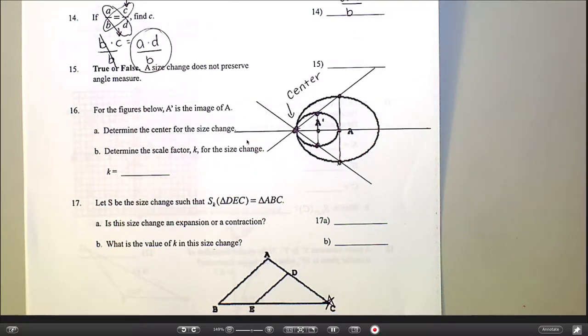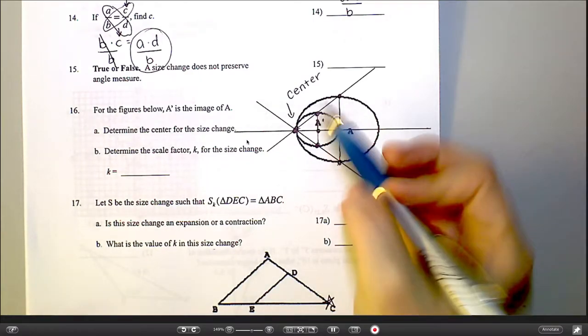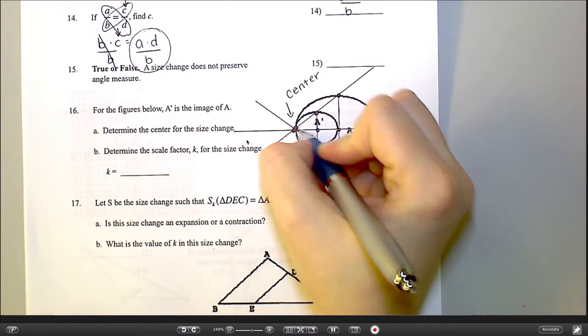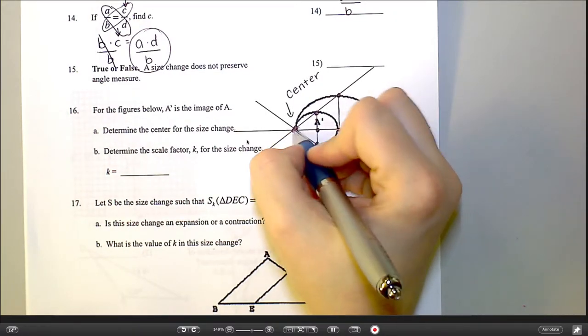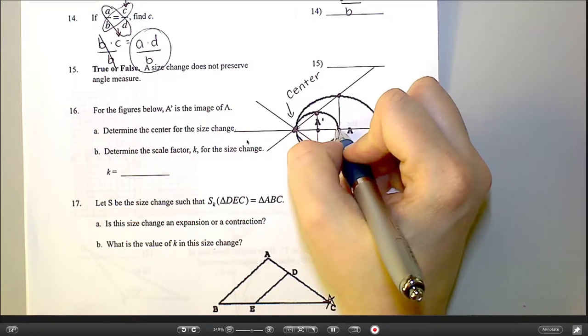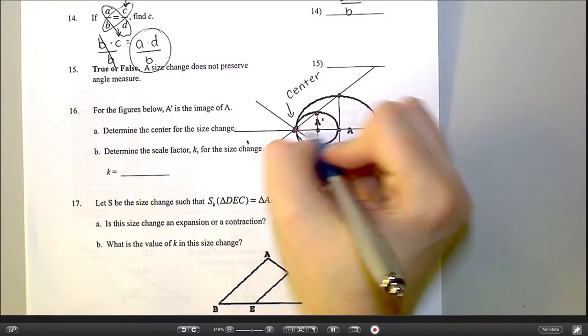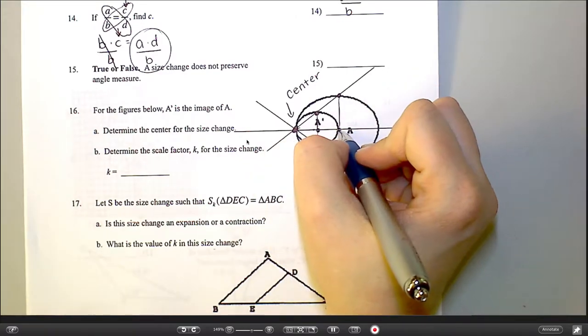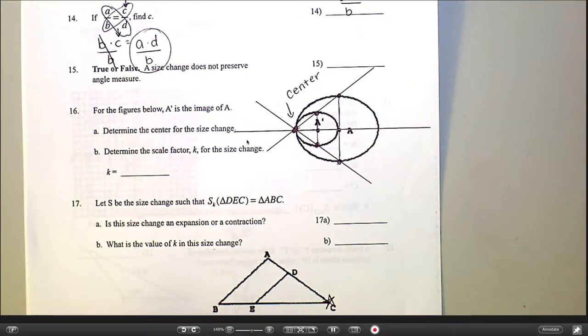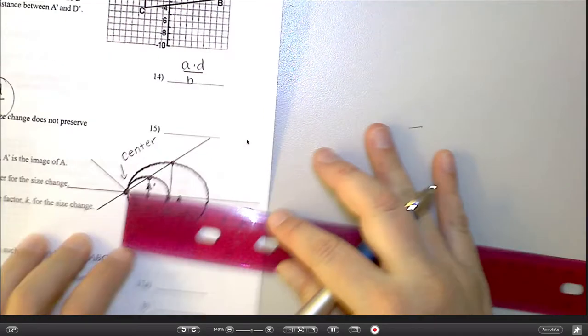Okay, so I need to find two lengths that correspond from circle to circle. So couldn't I measure from here to A prime and then from here to A? Isn't that the radius of the small circle and the radius of the big circle? So let's measure that. Anyone have a guess, by the way?